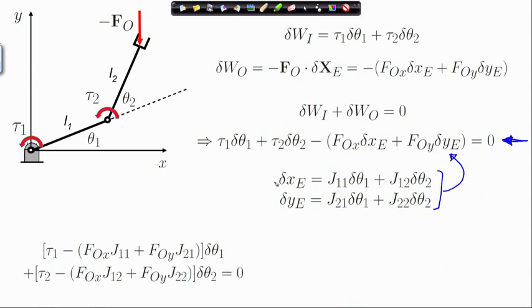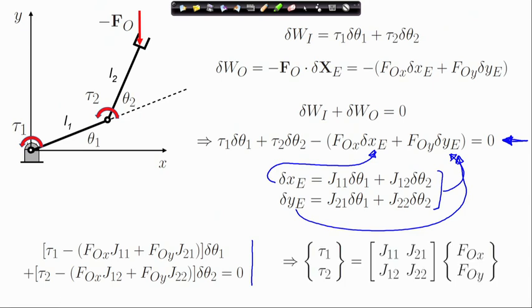When you plug in delta x_e here and delta y_e here, we have the principle of virtual work in terms of only delta theta 1 and delta theta 2. Then we collect terms of delta theta 1 and delta theta 2 to obtain this relation, which can be easily done.